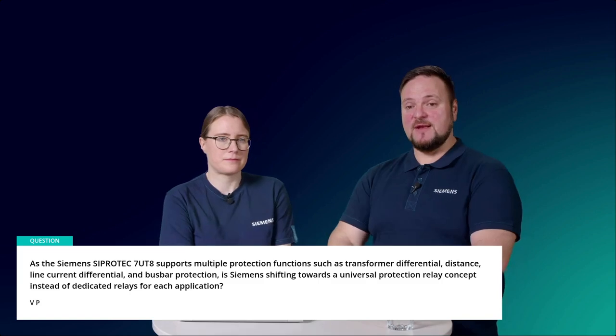That means we will definitely have the dedicated devices, the type devices, for the future, because not everyone would like to use a universal approach. Besides the dedicated devices we will also have the concept with the universal devices. I think these are different kinds of users looking for universal devices, but to be honest, we will have both in parallel.